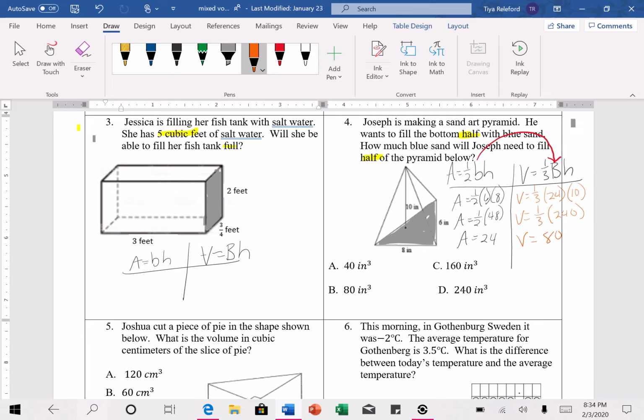Pause and finish. Remember that multiplying by 1/3 is the same as dividing by 3. Now right here, you get all this work done, and 80 is your answer, and you are like, yes! And 80 is an answer choice, so you circle it. But you forget you need to fill half of the pyramid. What is half of 80?